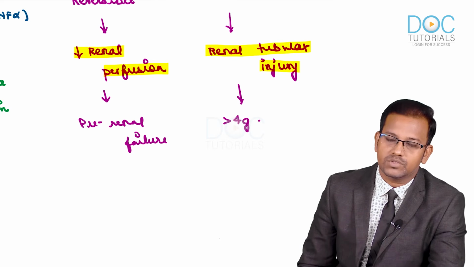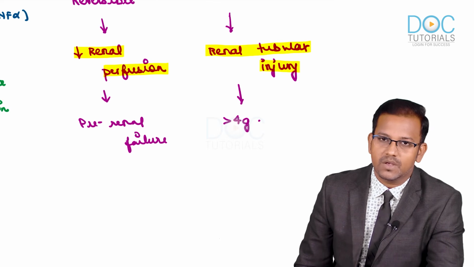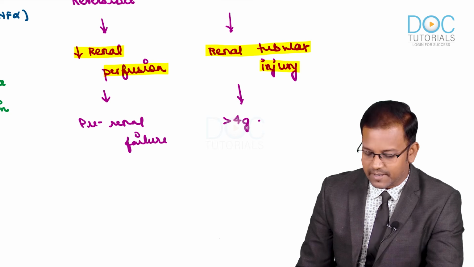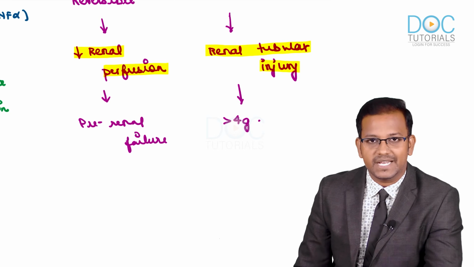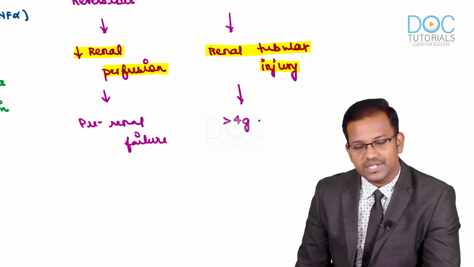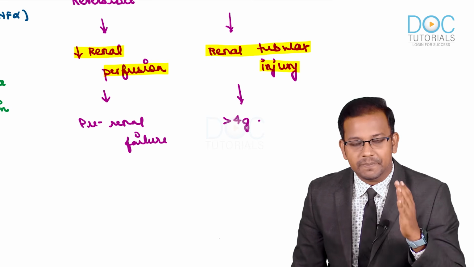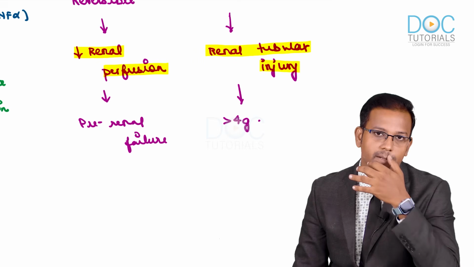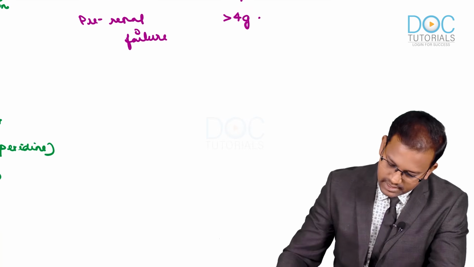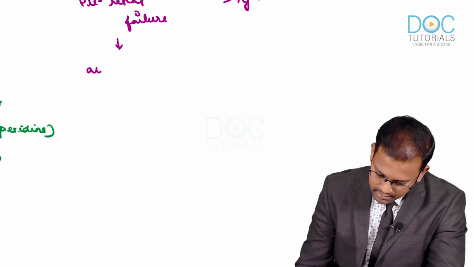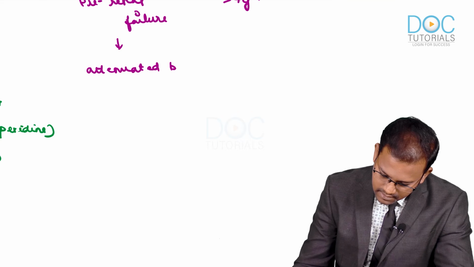When the cumulative dose of amphotericin B is more than 4 grams, we can expect this irreversible toxicity. But this reversible component, this pre-renal failure, which is seen due to decreased renal perfusion, can be counteracted. It can be prevented, attenuated by sodium loading, by loading the patient with sodium.